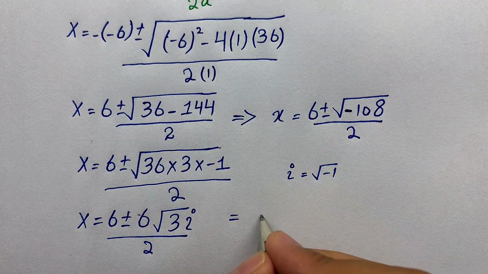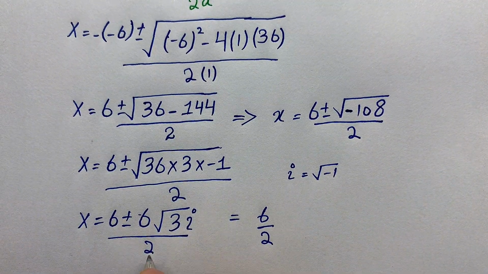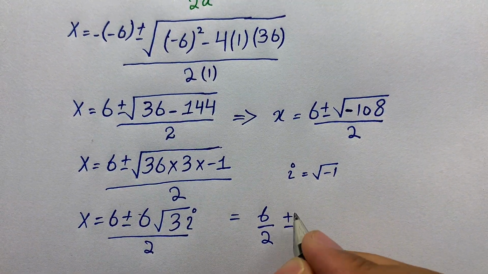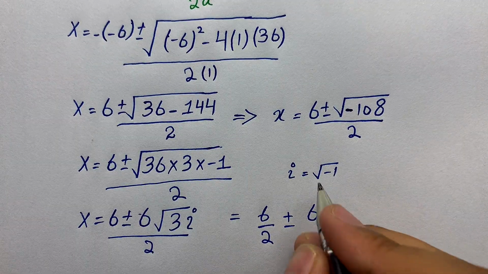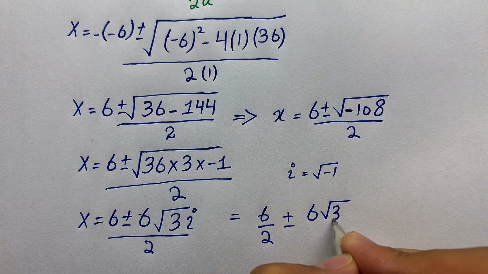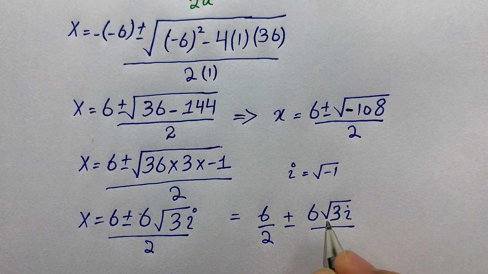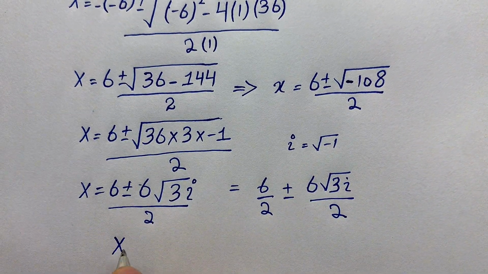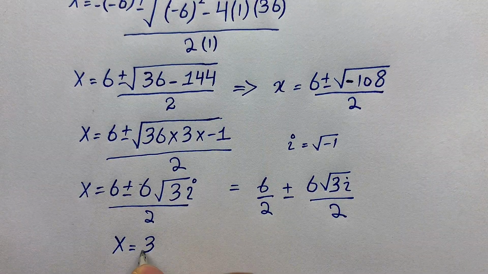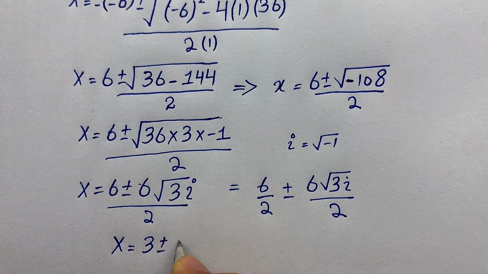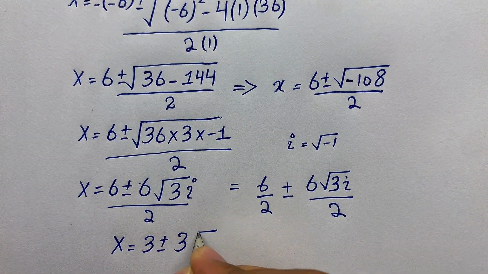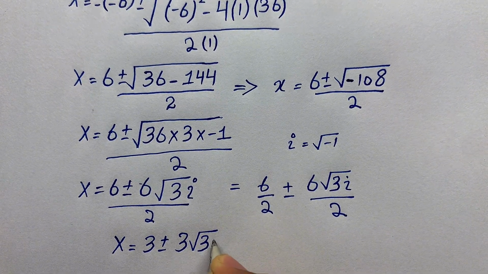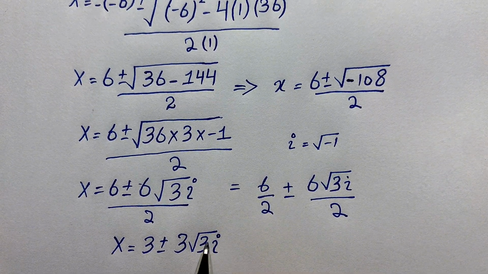That is 6 divided by 2 plus minus 6 into square root of 3 iota divided by 2. X is equal to 3 plus minus 3 into square root of 3 iota.